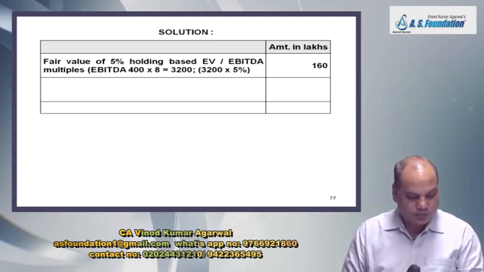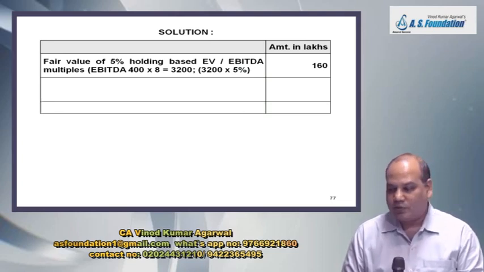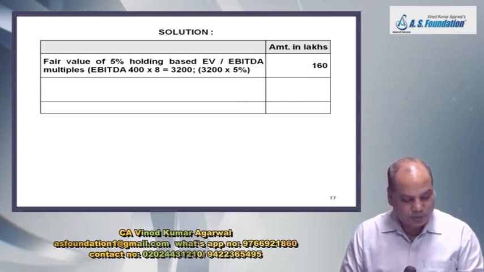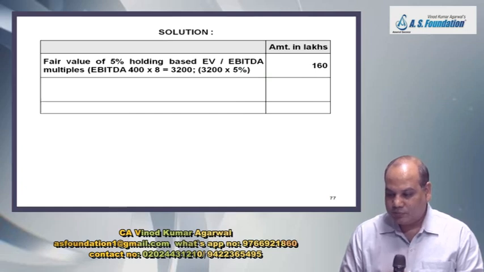What is EV? Enterprise value. Enterprise value means value of the entire company, but there is no debt capital also, so no adjustment is required in that also. Upon EBITDA multiple. So calculation is printed inside the bracket.